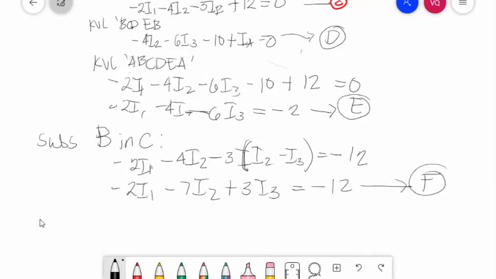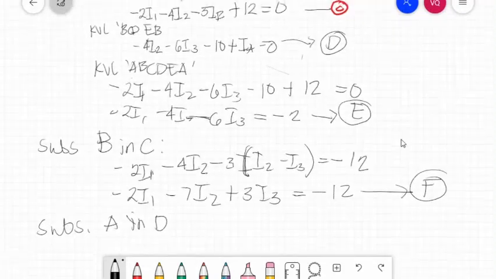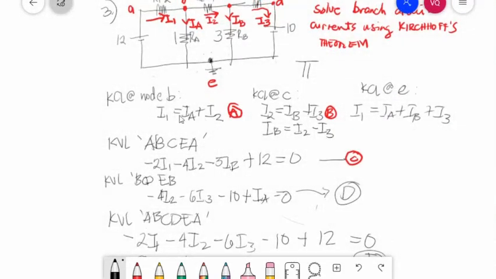So I will again substitute equation A in D. Equation A in D. So my equation A, ang kukunin ko dito ay yung IA.